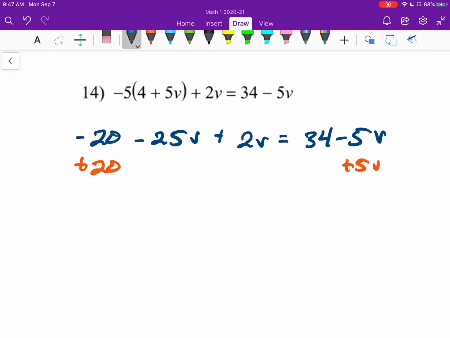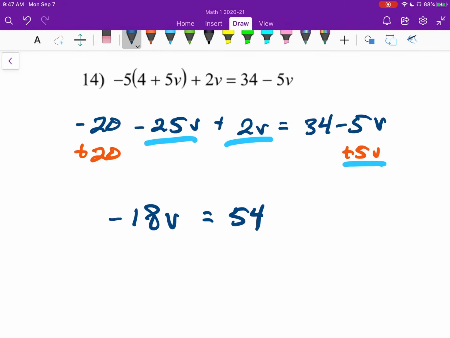So then negative 25 plus 5 is going to be negative 20, plus 2 is going to be negative 18. Negative 18v, and then on the other side I've got 54. If I divide by negative 18, is that negative 3? 3 times 8. Yeah. v equals negative 3.